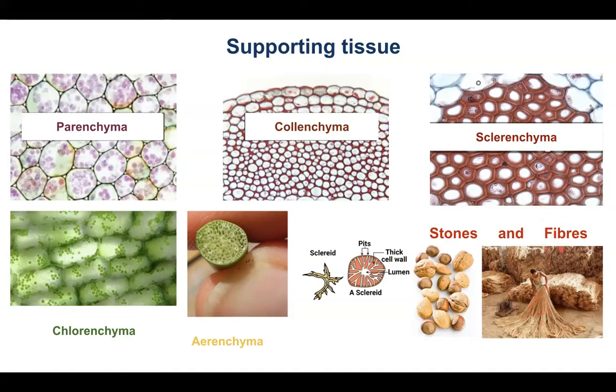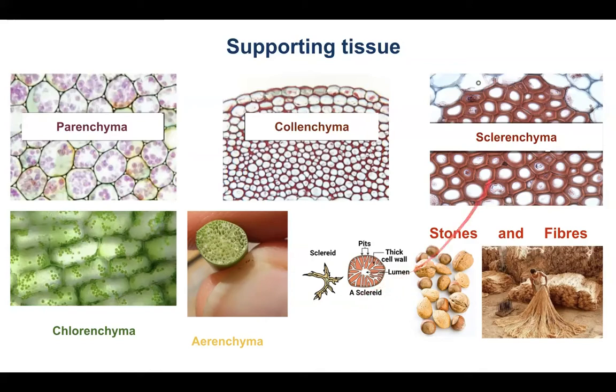The sclerenchyma can be fibers, or it can be found in the hard shells of fruits and nuts. For example, all these hard shells of walnut, the various kinds of fruits and nuts which we have, there the sclerenchyma has a special name. We call the sclerenchyma cells there stones or sclereids.